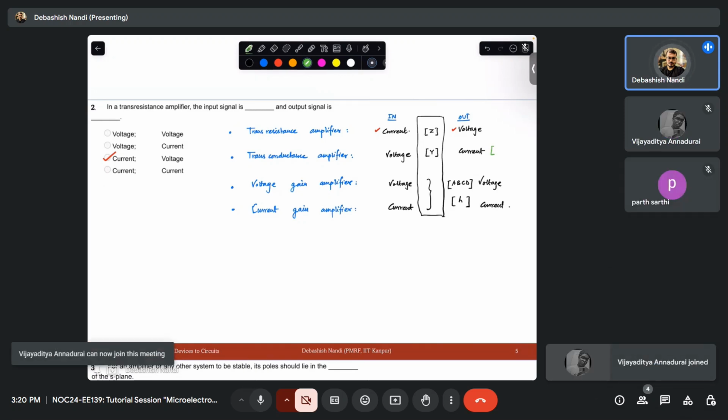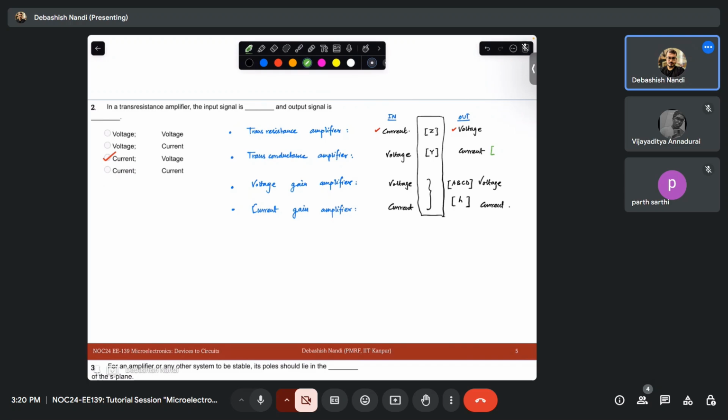So can you give an example of a transconductance amplifier we have been studying? You can unmute and tell me an example of a transconductance amplifier.